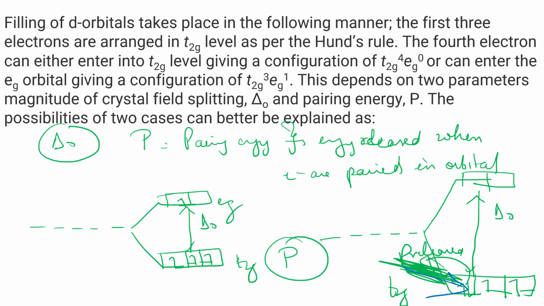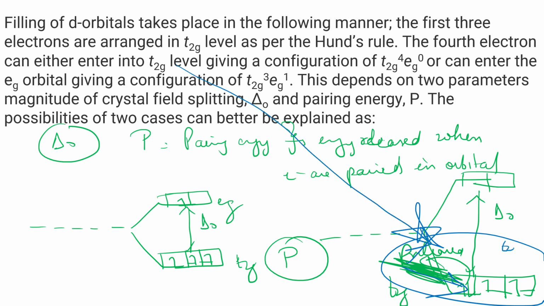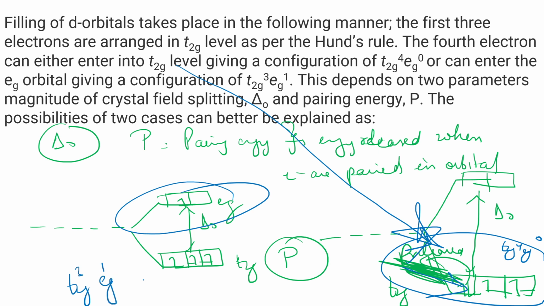If the first three electrons are arranged in the t2g level as per Hund's rule, the fourth electron can either go into the t2g level, giving a configuration t2g4 eg0, or it could enter the eg orbital, giving a configuration t2g3 eg1, depending upon the magnitude of the crystal field splitting, delta O, and the pairing energy.